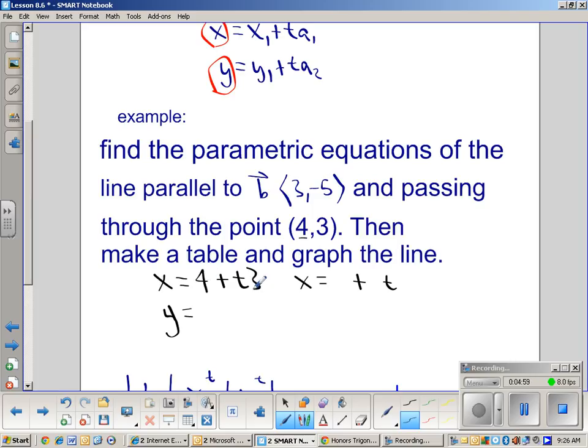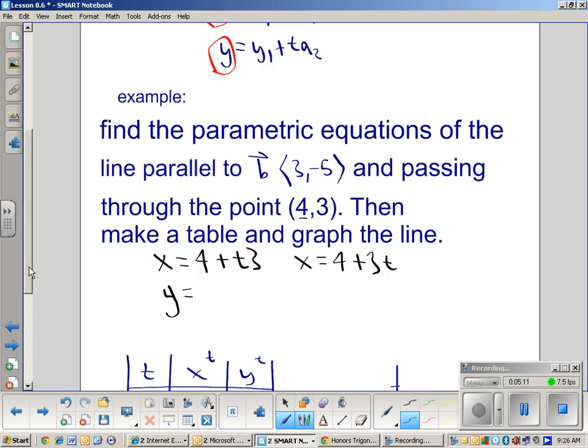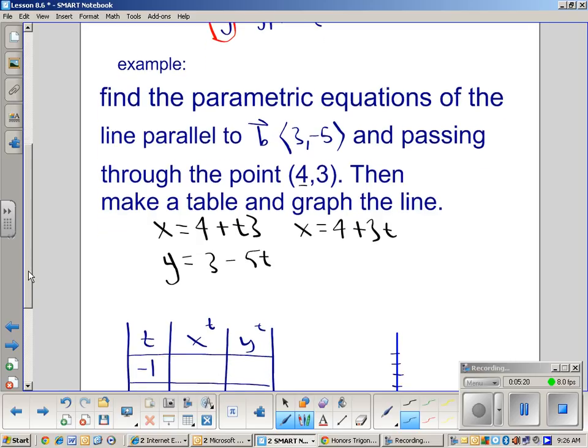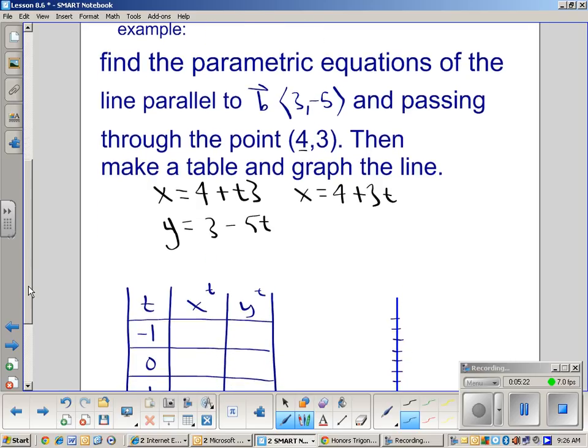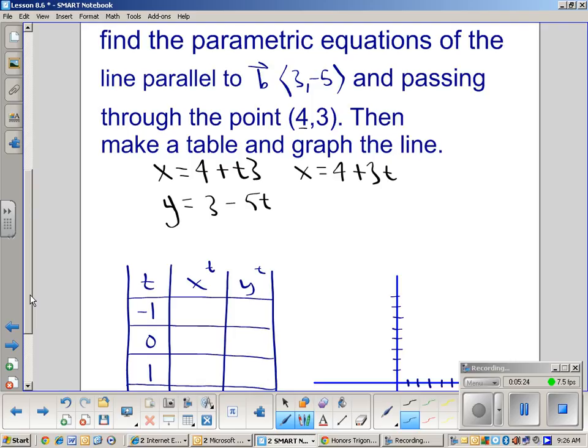So now if I rewrite that, I get 4 plus 3T. Okay? Now, what is Y going to equal? 3 minus 5t. Okay. 3 minus 5T. Or T times 5 and then 3 minus 5T. So there are my two equations.